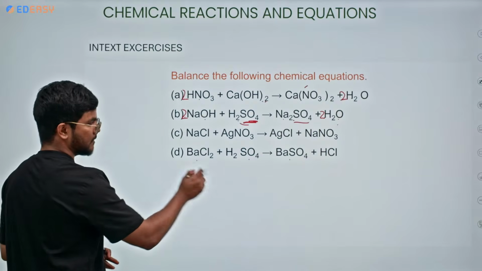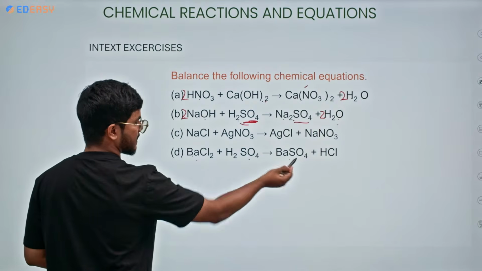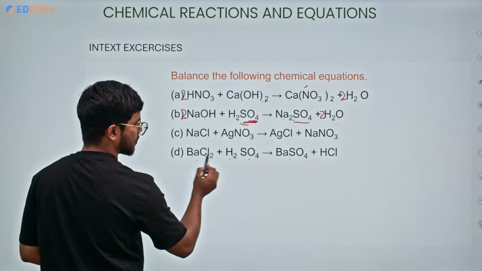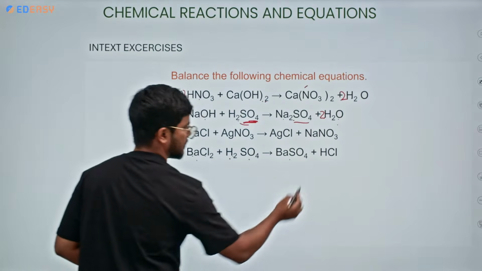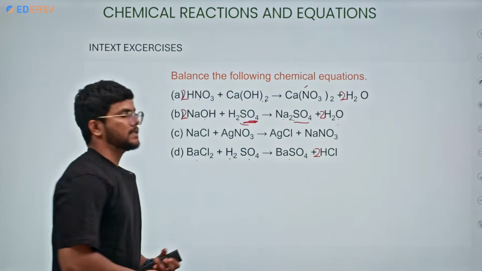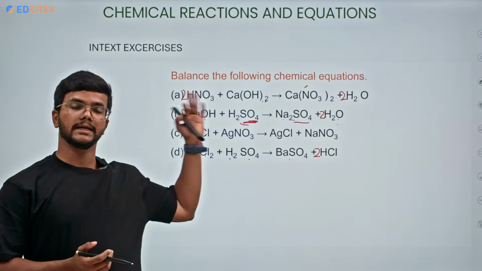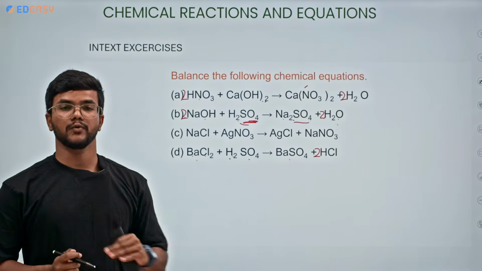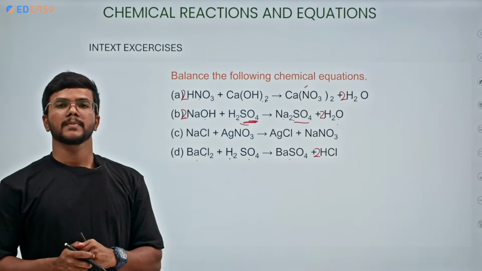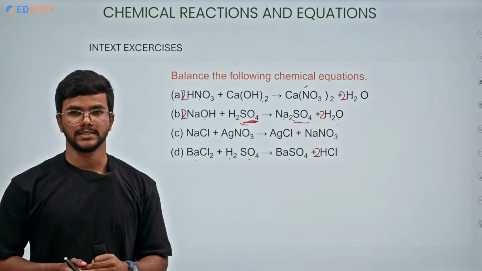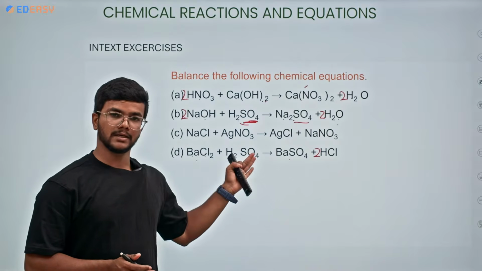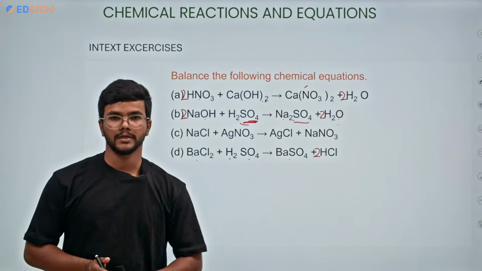Here barium is balanced, sulfate is balanced, hydrogen and chlorine should be balanced in the RHS. Just keep 2 here. Now it is a balanced reaction. So this is how we balance the reaction. We already did this in the previous slides before the 10 minutes break, that is balancing and writing the reaction. That method is called the trial and error method. Okay. Next.